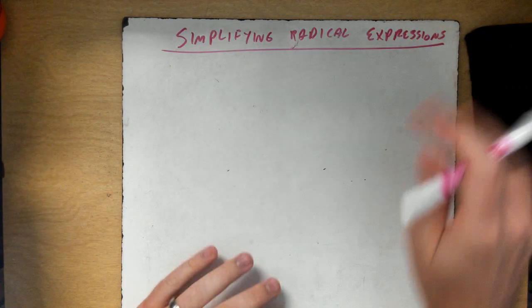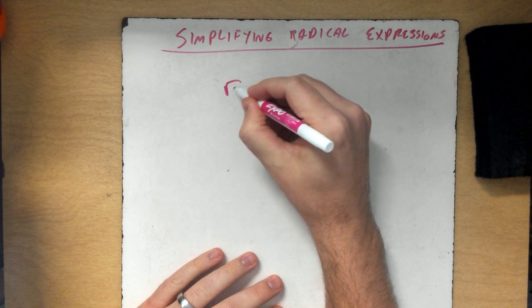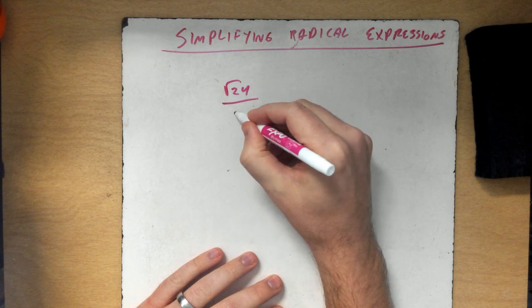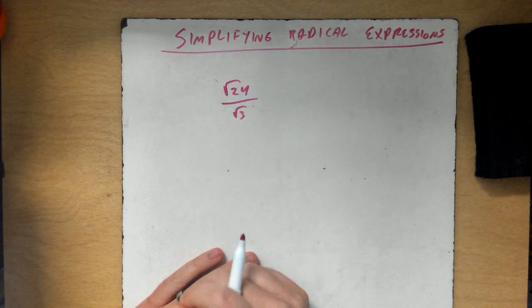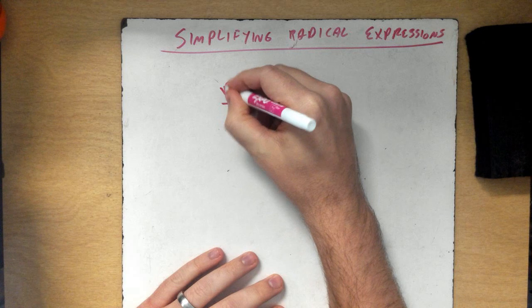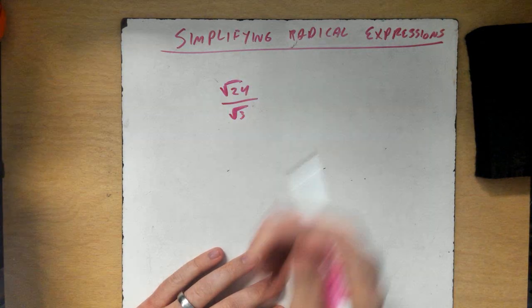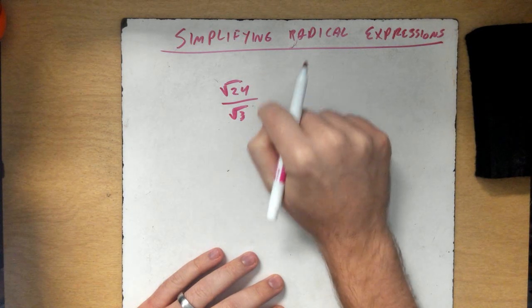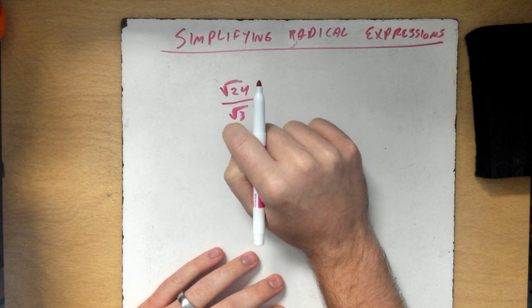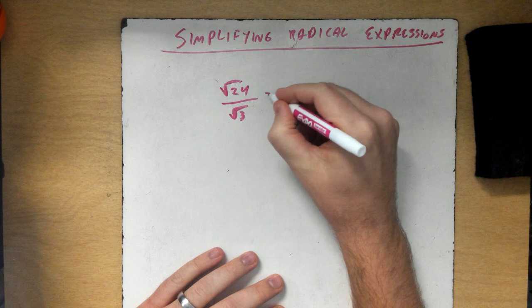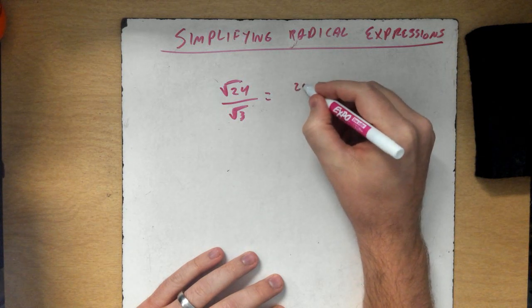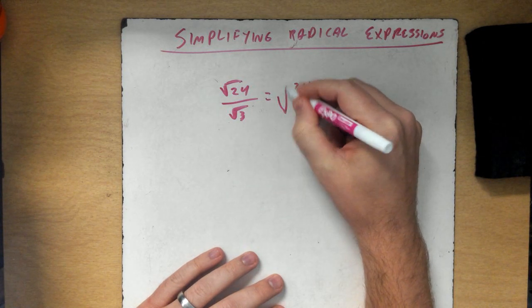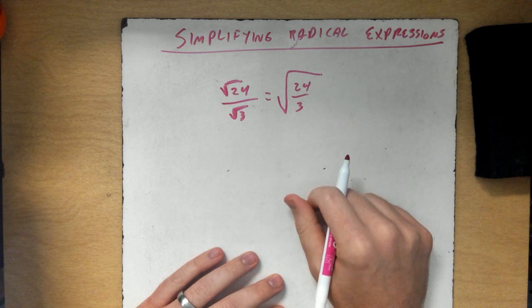Okay. So what we have, the square root of 24 divided by or over the square root of 3, okay? So here, in this case, if I have two numbers that both have a square root, top and bottom, I can go ahead and combine those like this. 24 over 3, and the whole thing under a square root, okay?